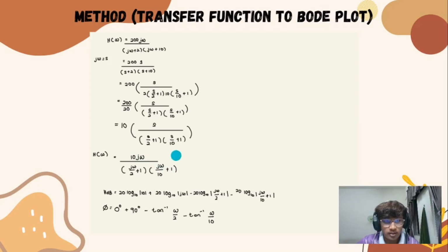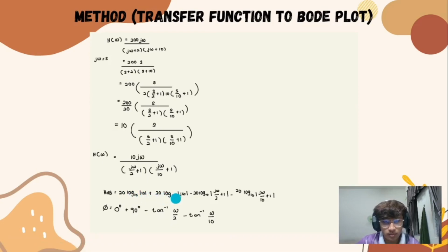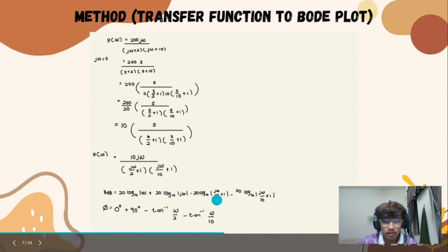After we get this equation for the standard form, we can change it to the semilog graph form: H dB equals 20 log 10 plus 20 log jω minus 20 log (jω/2 + 1) minus 20 log (jω/10 + 1).